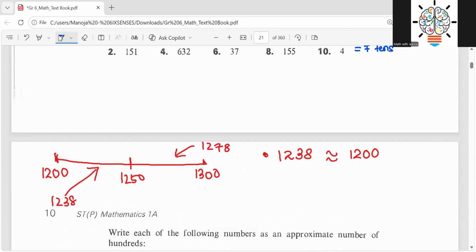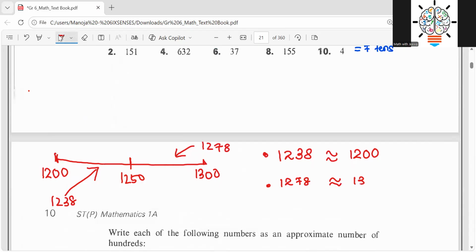And the same way, if I want to write 1278, it is approximately equal to 1300. So then you can write 120 tens, right? This is 130 tens, right? If you write it in tens terms.